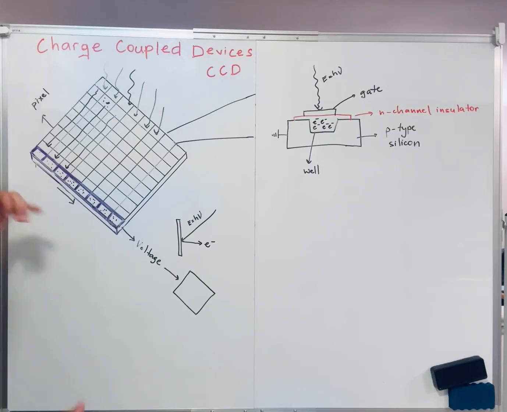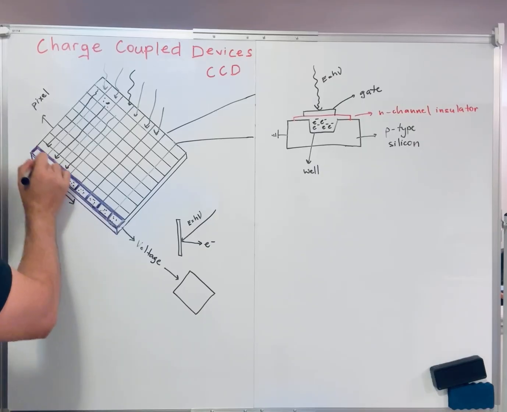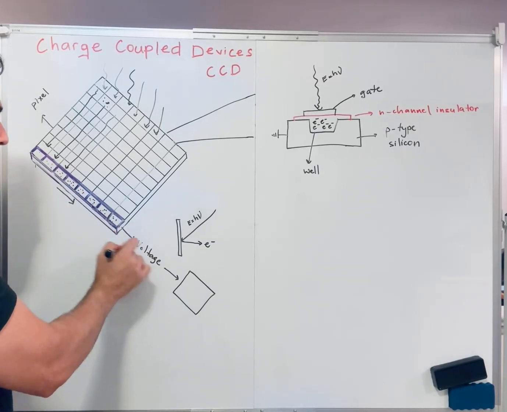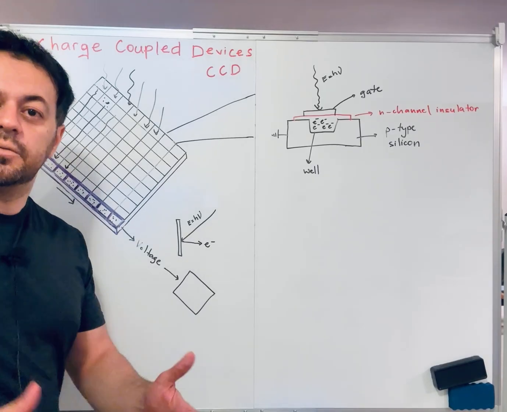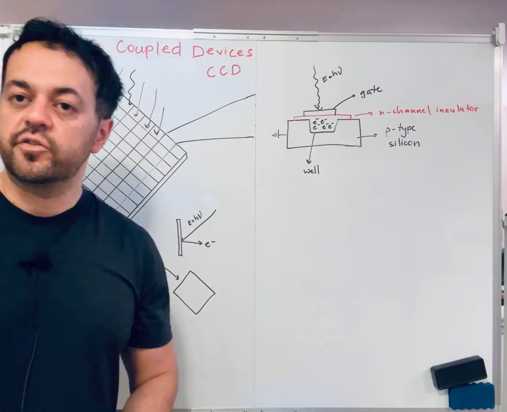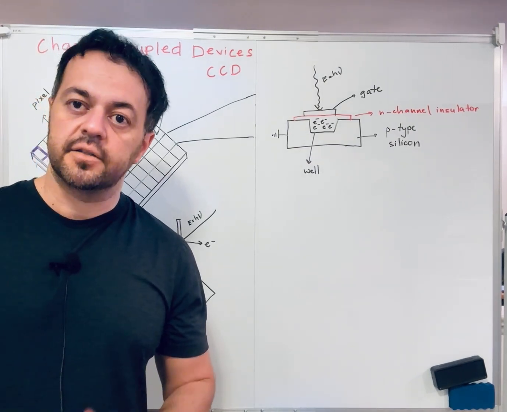This also serves as a big bucket, and they put the water here, and then eventually that bucket is going to move horizontally towards the main collection point of the water. So the CCD, charge coupled device, also works under the same concept.